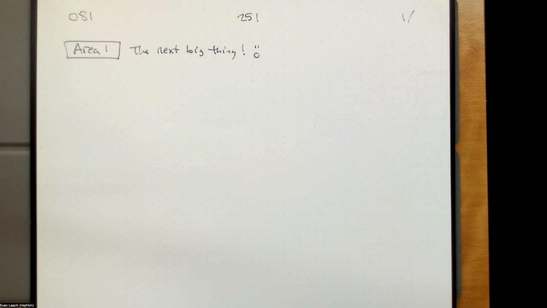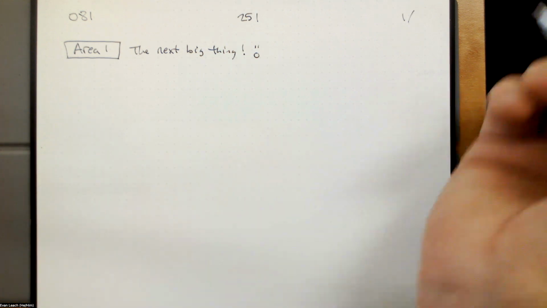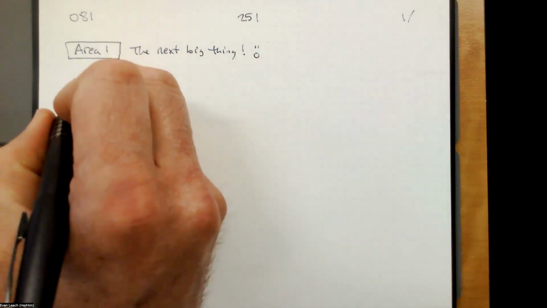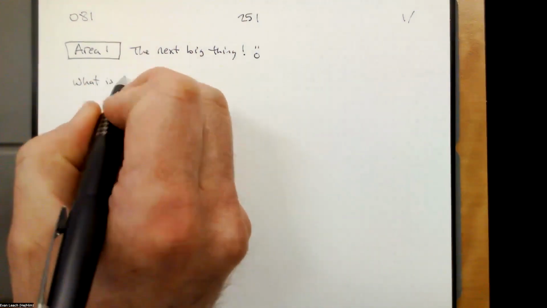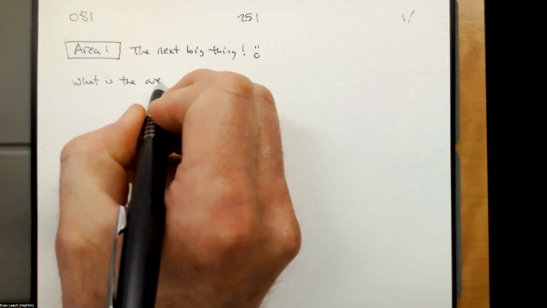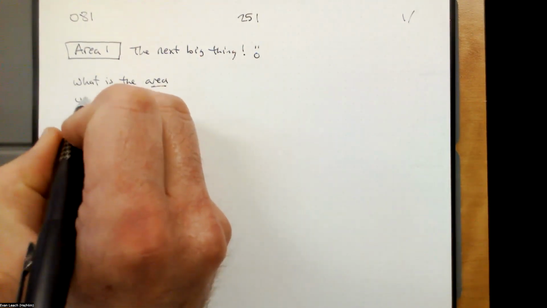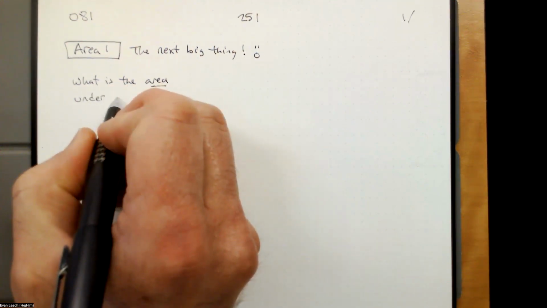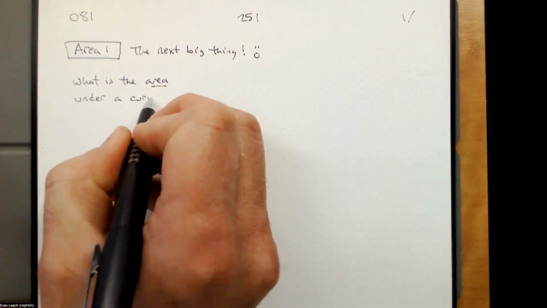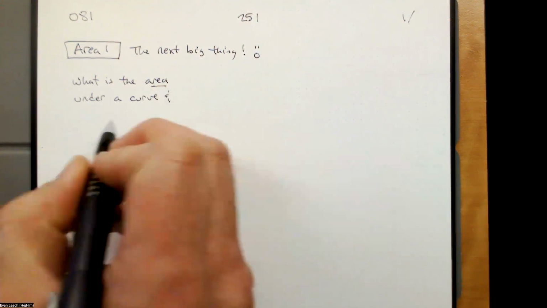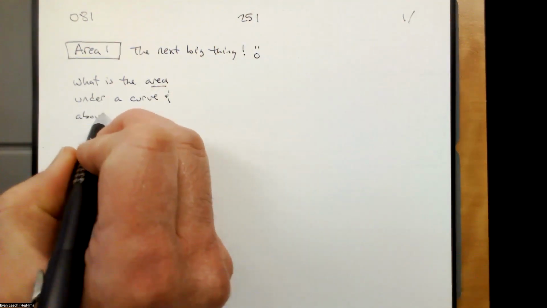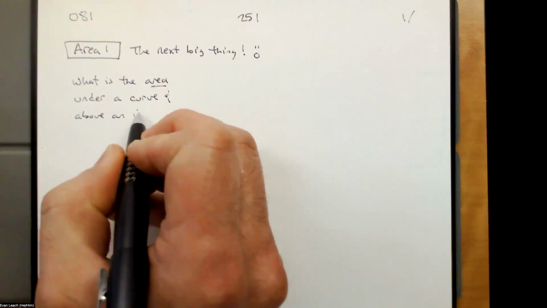Today, we want to start looking at the second big question in our framing, and that is area. So one of our big questions was, what is the area under a curve and above an interval?